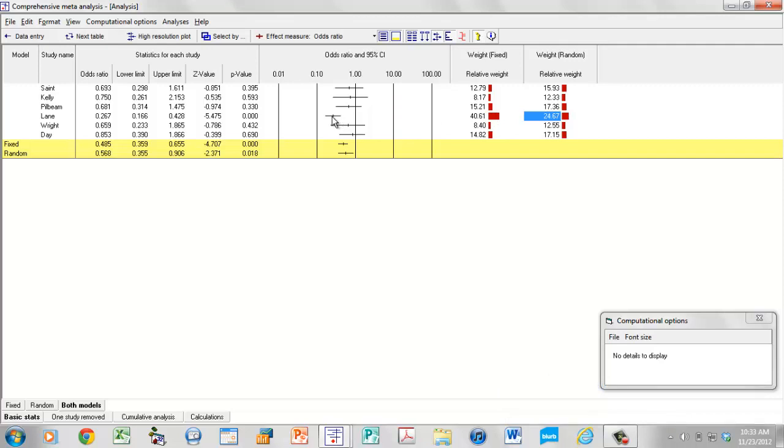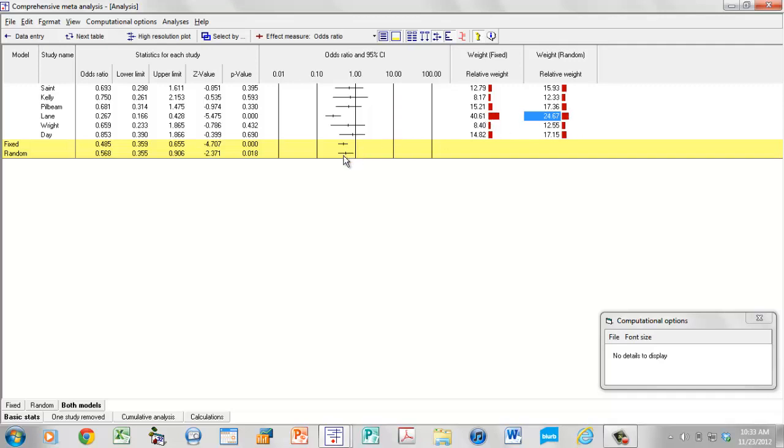Since we're dealing with odds ratios, as you get further and further from 1, the effect gets larger and larger. And so what happens is, under the fixed effect model, where this is given 40% of the weight, it pulls the effect way to the left, which is why the effect size over here is 0.49. By contrast, under the random effects model, it gets proportionately less of the weight, only 25% rather than 40%.